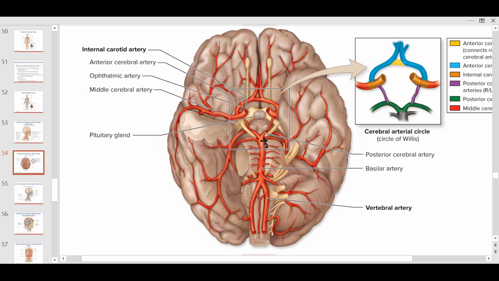And the other two, and it doesn't even tell you here, these two, this one here and this one here, these are your internal carotid arteries. Internal carotids right here. Oh yeah, it does tell you. I'm sorry. Internal carotid. There you go.